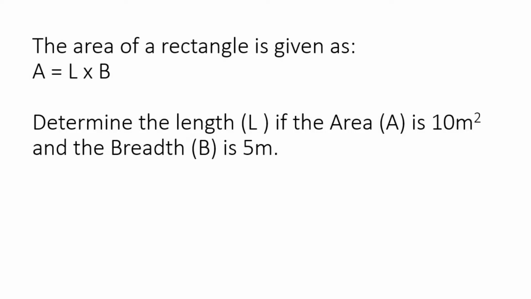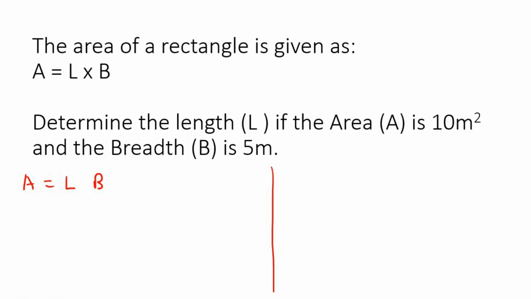It says that the area of a rectangle is given with this formula over here. Now it says determine the length, which is L, if the area, which is A, is 10 and the breadth is 5. You can do it in 2 different ways. You could either switch the formula around first.